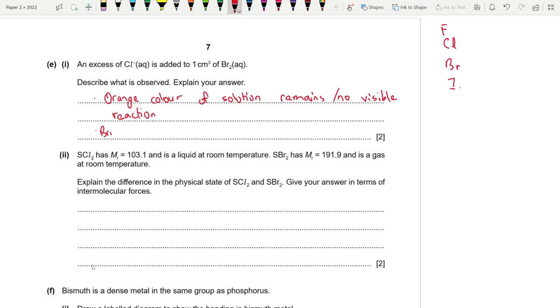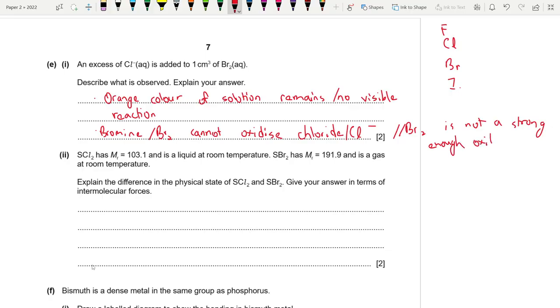Basically because bromine, or Br2, cannot oxidize chloride. That's the gist. Or you could say that bromine is not a strong enough oxidizing agent to oxidize chloride.